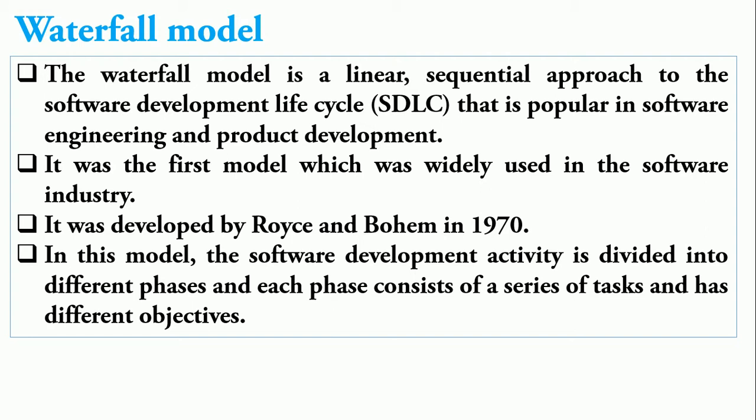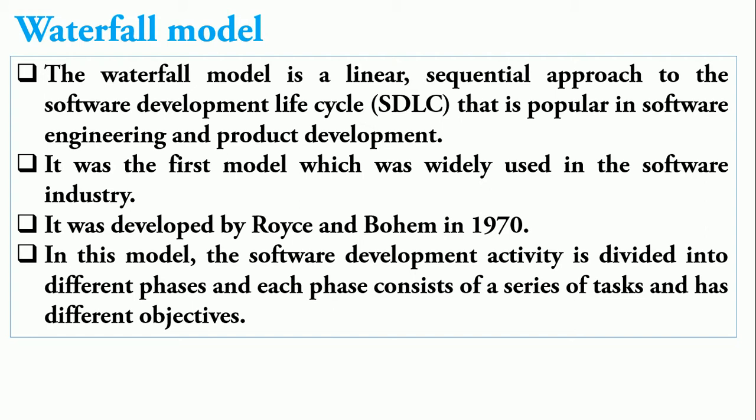In this model, every stage, after completion, produces some output, and that output becomes the input of the second stage. In this way it follows a linear, sequential, step by step approach.